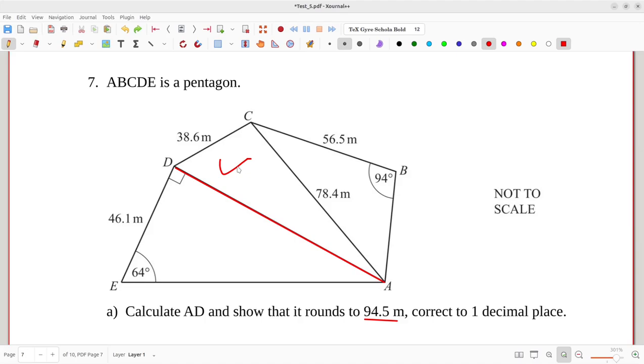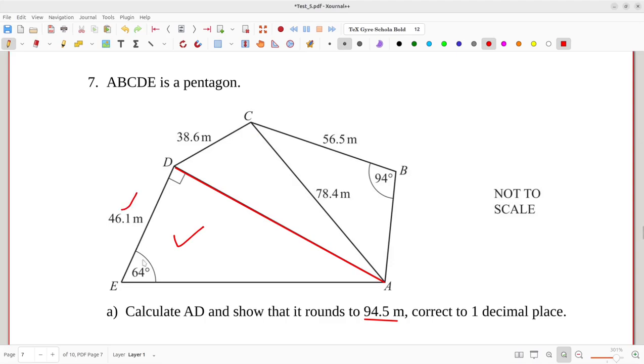If you are given 2 sides and you want to find the third side, you must use what? The Pythagorean theorem. But in this case, nobody told us the size of this angle. If it's 90 degrees, you can easily use the Pythagorean theorem, but we don't know that. So let's check this triangle down here.